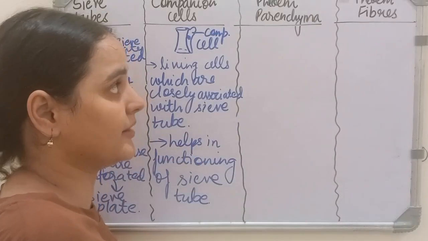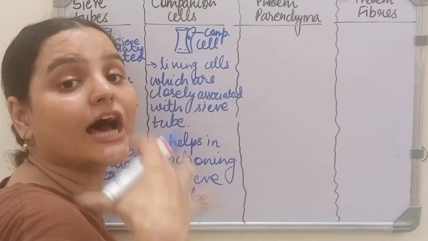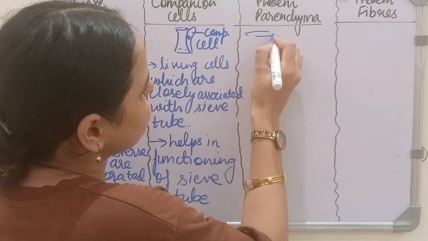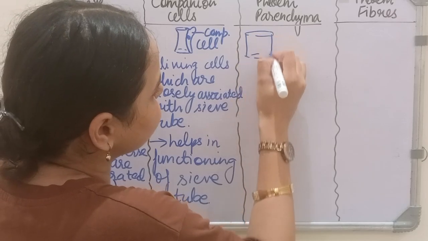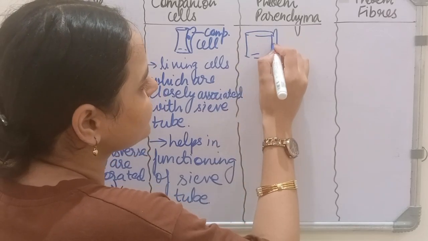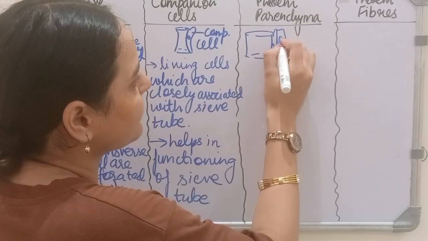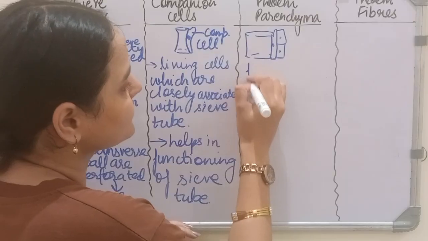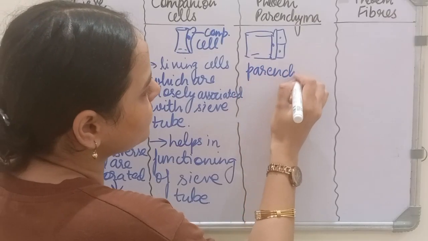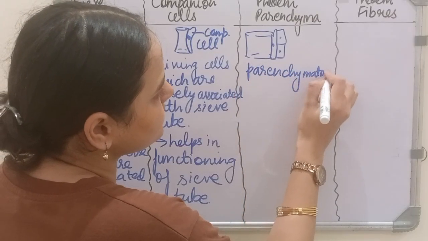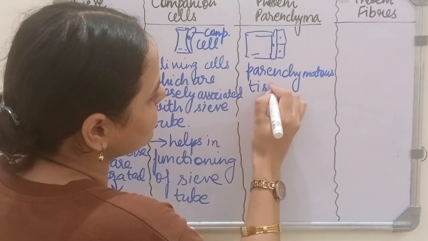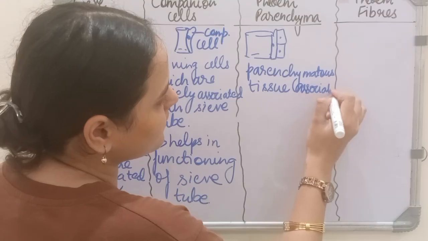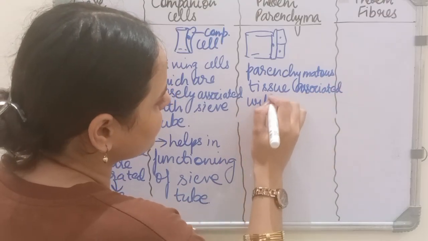Now let's study about phloem parenchyma. Phloem parenchyma are the tissues that are closely associated with the phloem. See, this is the sieve tube. Then we have companion cells, and with it we have our phloem parenchyma attached. So phloem parenchyma are parenchymatous tissue or cells associated with phloem.